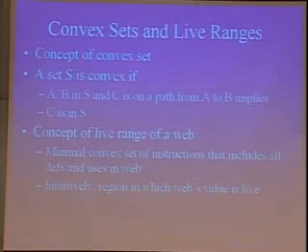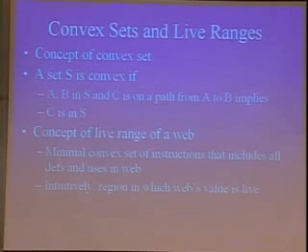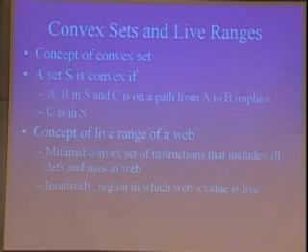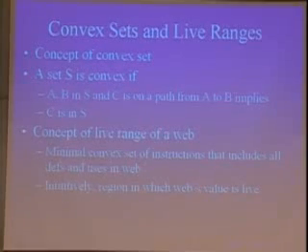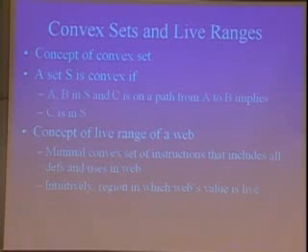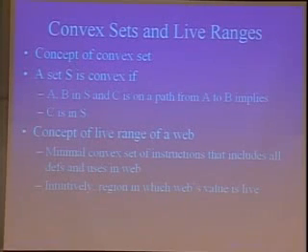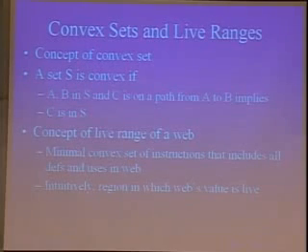Because all the places where you're executing, even though that instruction might not use the register, that value has to be live through that point. Because that's a definition, that's a use, and when you start executing from definition to use, everywhere you go, that value has to be kept live. At that point, you mark all the points where that value has to be live using this convex set. So that defines all the points where that thing has to be live. Okay?